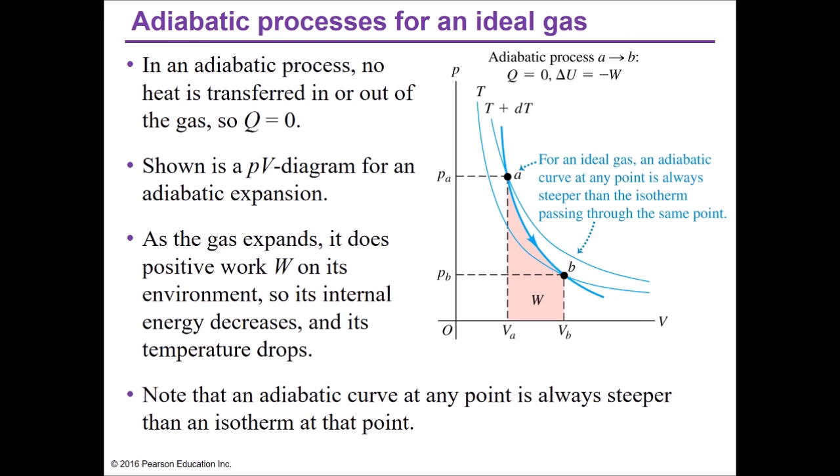If there's no heat transfer here, the increase in the volume is going to result in a drop in the temperature. There is work being done because the volume is changing, but the curve is always steeper than the isotherm. Adiabatic processes are nice to work with because Q is 0, and then the first law of thermodynamics becomes a little bit simpler.